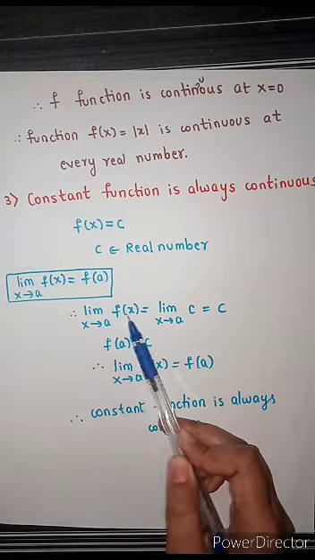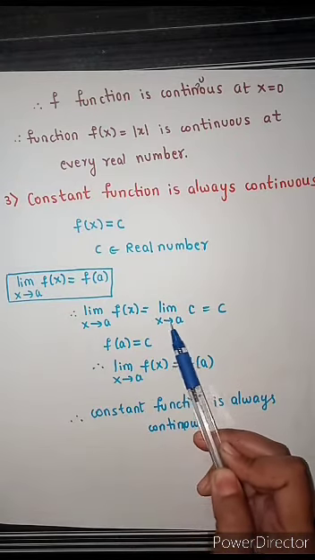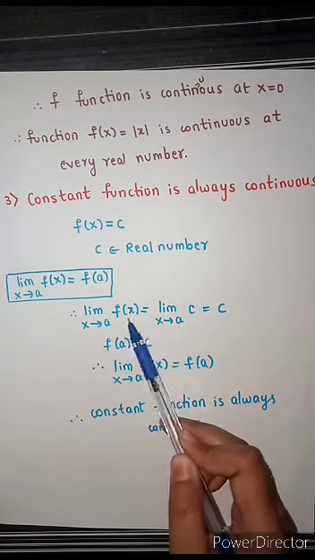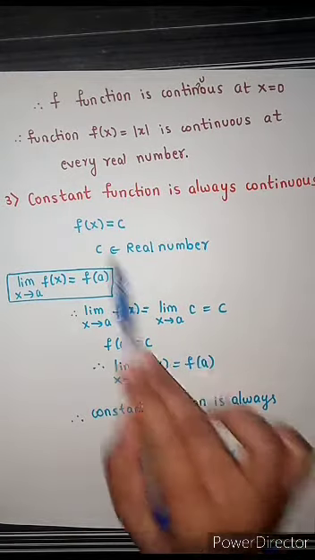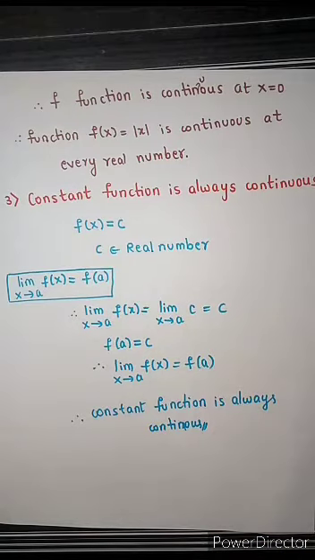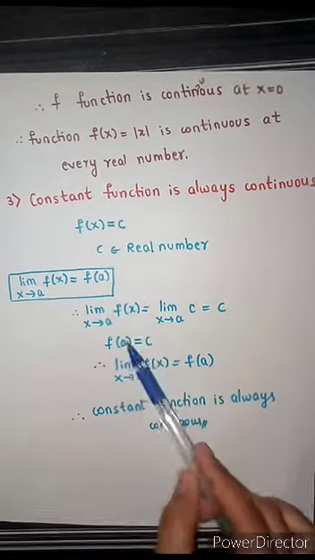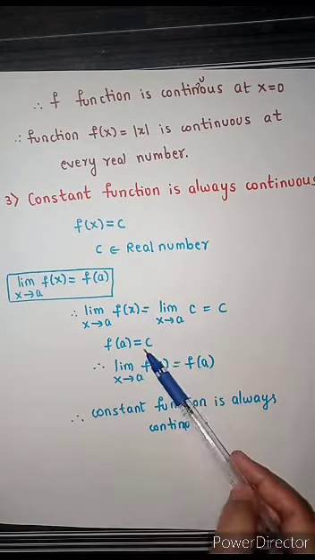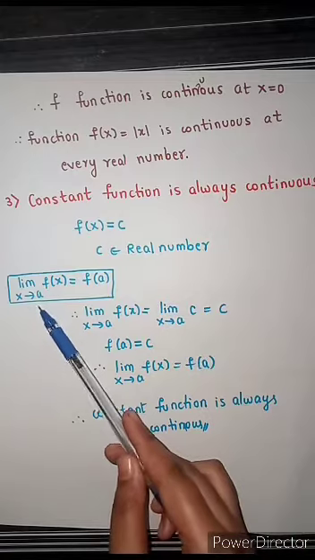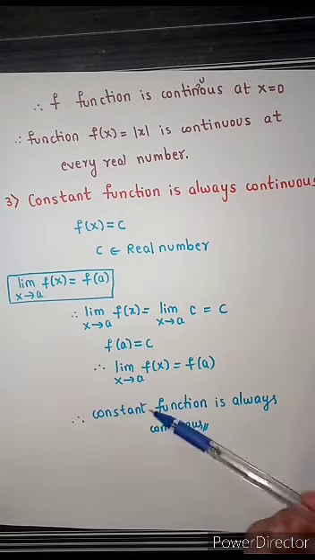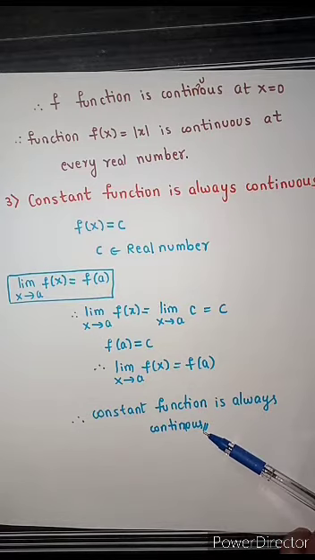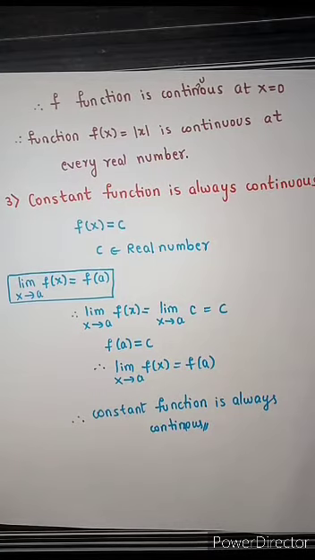Now let's take the limit. Limit x extends to a, f of x equals limit x extends to a, where f of x is c. Then take the functional value, where x is a, f of a is equal to c. Now limit x extends to a, f of x is equal to f of a. So a constant function is always a continuous function.